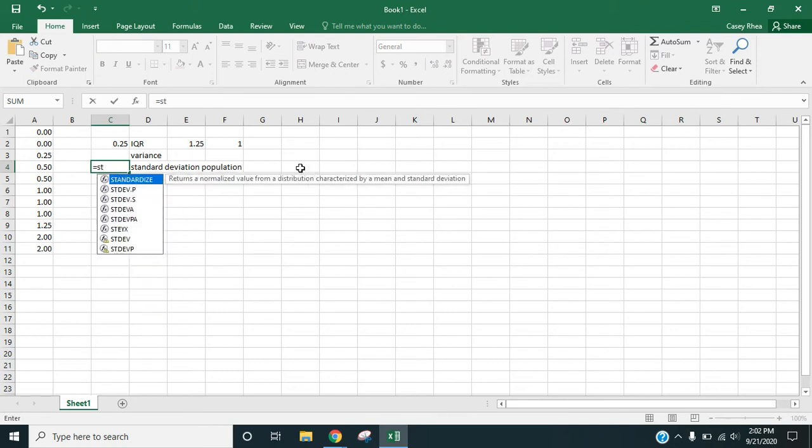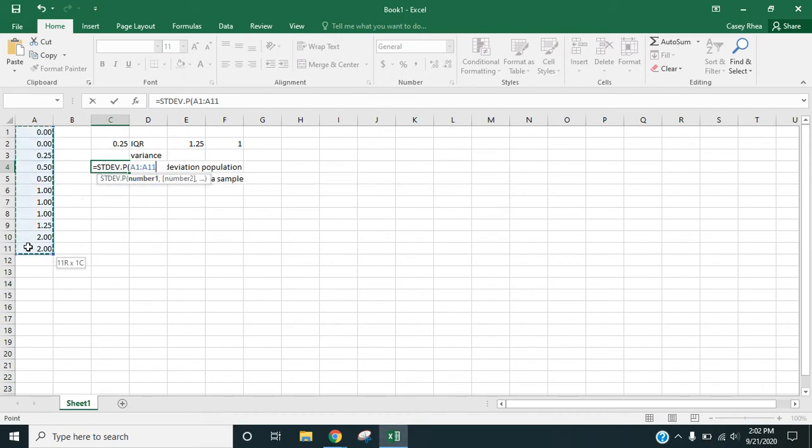I'm going to say STD, and we notice there's a bunch of different standard deviations. Since we're talking about a population, I'm going to use the one that says .P. I'm going to double click it, highlight all the numbers, and that's our standard deviation. It's that easy. If you wanted to do it by hand, it's a lot longer calculation. I can show you that later.